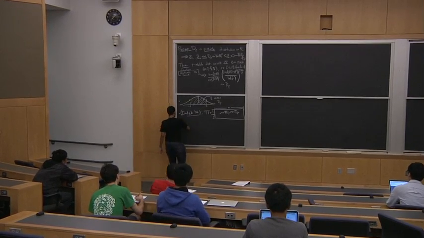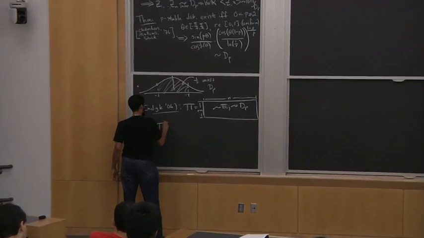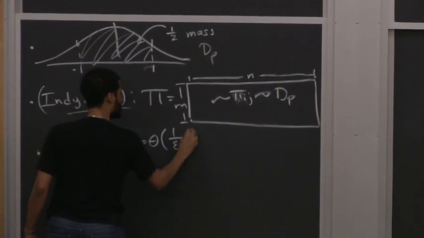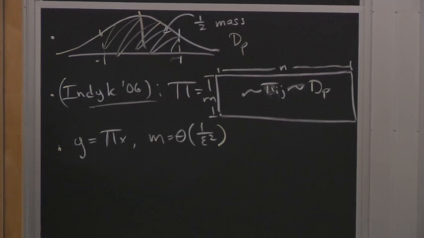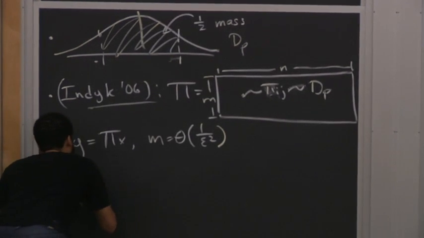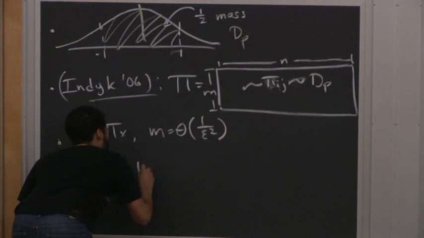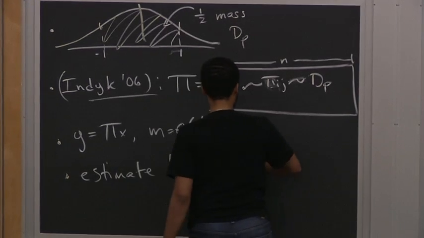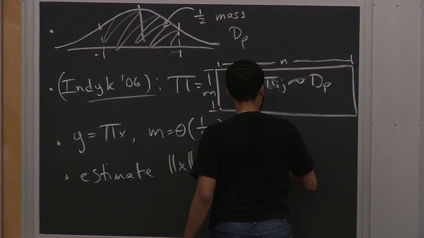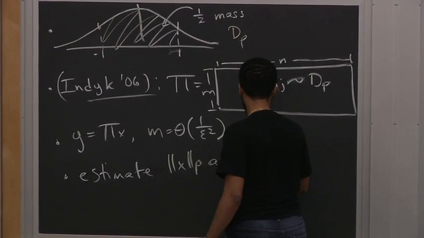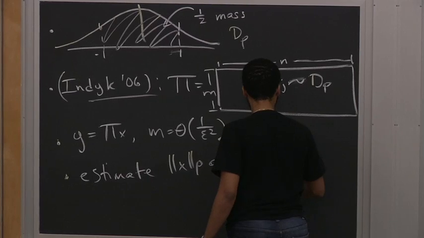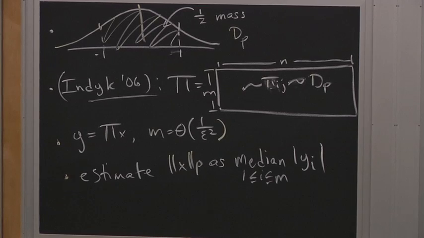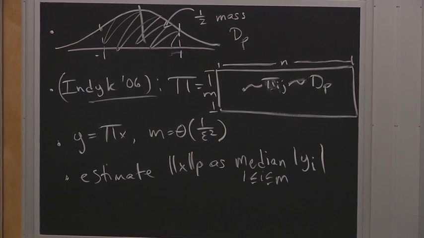Okay, so we're going to take y equals Pi x. m is going to be something like 1 over epsilon squared. And we're going to estimate the LP norm of x as the median of the absolute values of y_i, where i goes from 1 to m. Okay. So that's the algorithm.